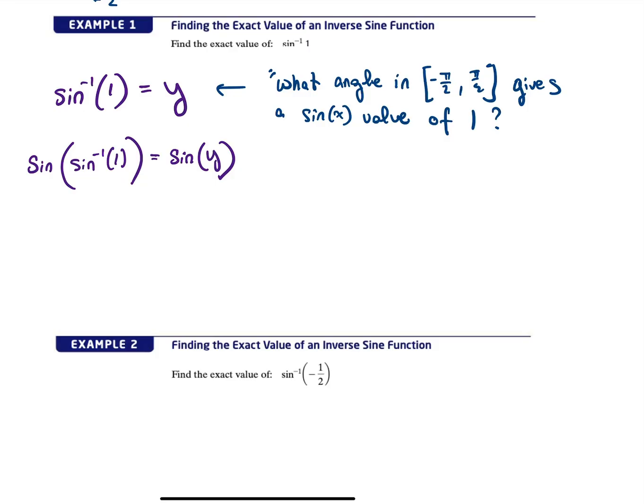So they'll cancel. Get 1 equals the sine of y. We can ask what is this value? What angle will produce a sine value of 1? So just another way of looking at that. You can probably already think of this, but it's helpful to remember our reduced range. It needs to be in this interval from negative pi over 2 to pi over 2. And the sine is equal to 1 up here at positive pi over 2. That's the coordinate point 0, 1.